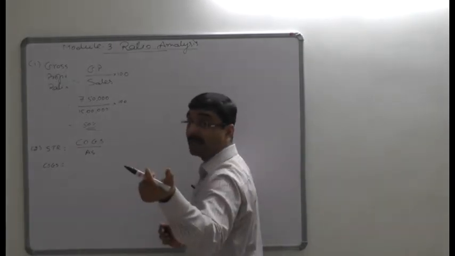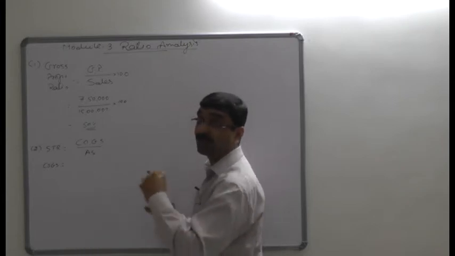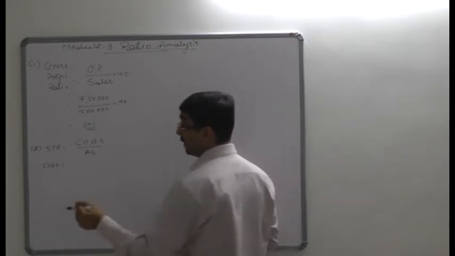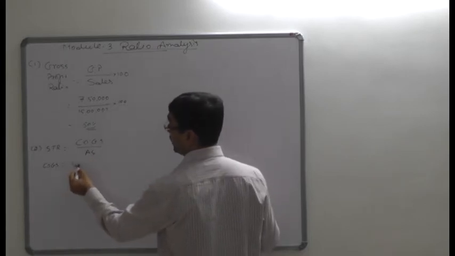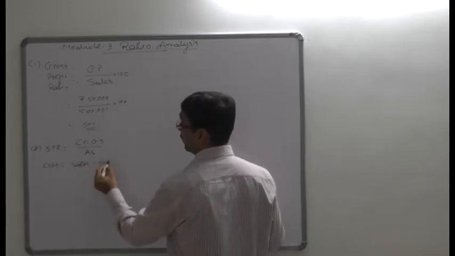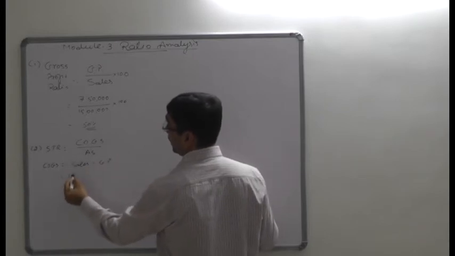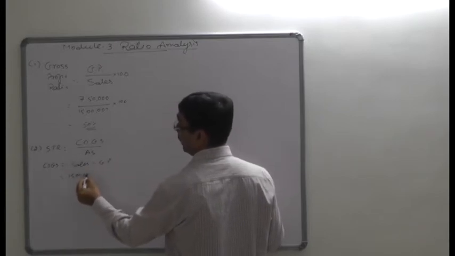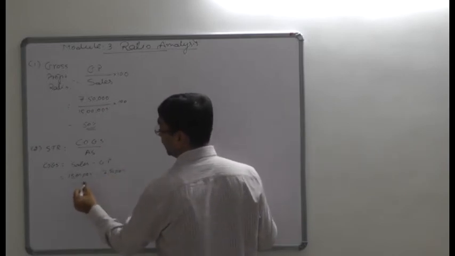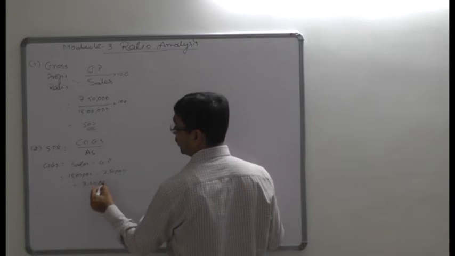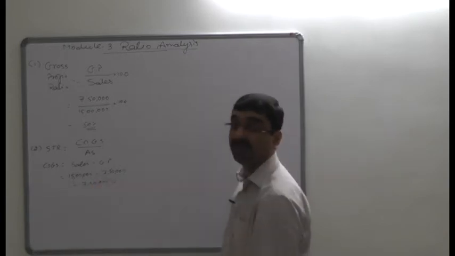But in this case you don't have all this information because the trading account is not given. Instead, I mentioned another formula to find the cost of goods sold, that is sales minus gross profit. We have sales of 15 lakh minus gross profit of 7,50,000. So your cost of goods sold is 7,50,000.